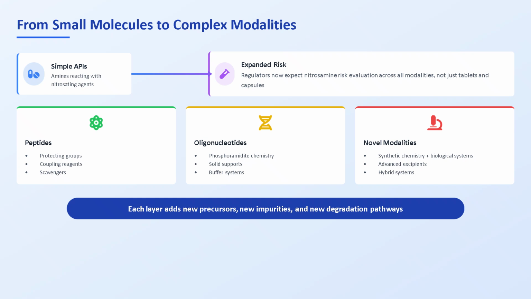Novel modalities combine synthetic chemistry with biological systems, advanced excipients, and hybrid formulations. Each layer introduces new precursors, new impurities, and new degradation pathways. That's why regulators now expect nitrosamine risk evaluations across all drug modalities, not just tablets and capsules.